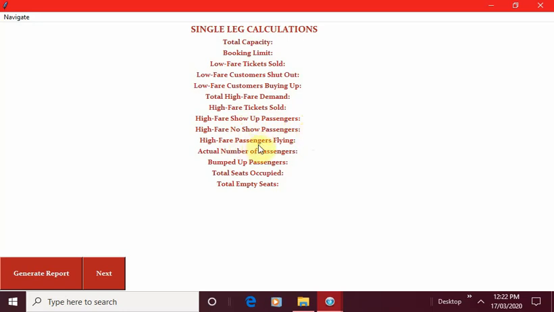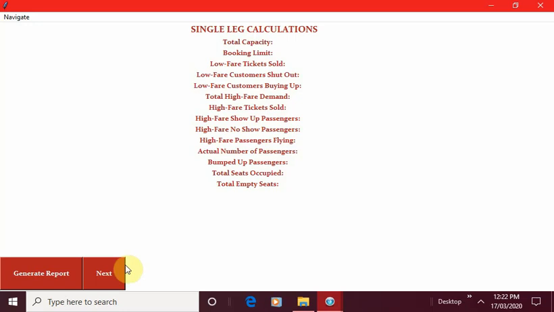And then high fare passengers flying on this particular flight, the actual number of passengers including the high fare show up passengers and the low fare tickets sold will come. The bumped up passengers who could not be accommodated on this particular flight, the numbers will come. The total seats occupied, that should be the original total capacity, and total empty seats.